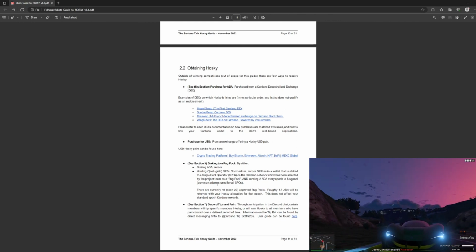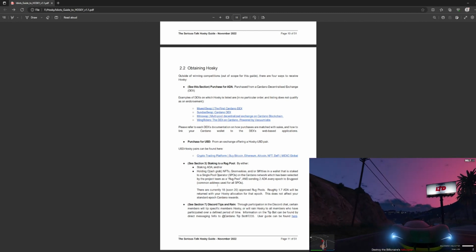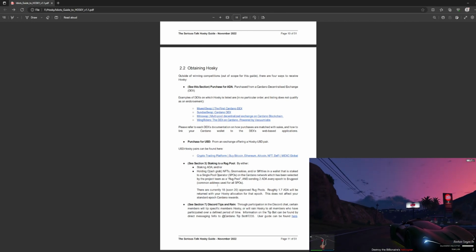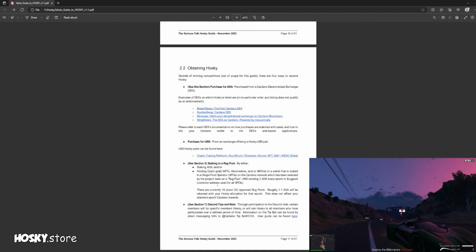There are currently 18, soon 20 approved rug pools. Roughly 1.7 ADA will be returned with your Hosky allocation for that epoch. This does not affect your standard epoch Cardano rewards.